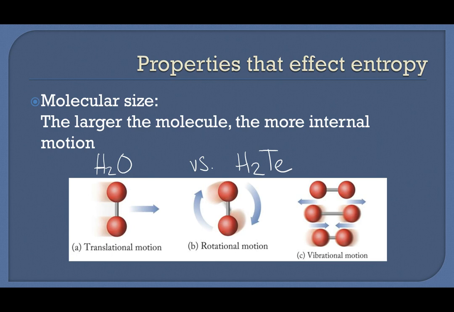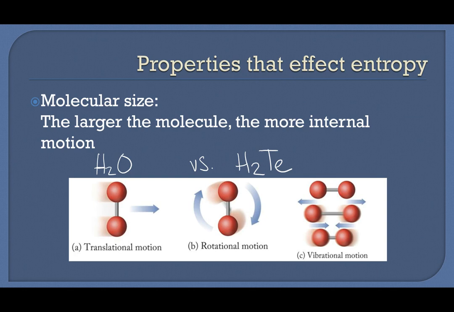Both of them have the same number of lone pairs. So oxygen and Te are in the same family, and therefore all of the bonding is relatively the same. The big difference is the bonds are longer as the molecules get bigger. So a longer bond is going to give us more opportunity for motion.